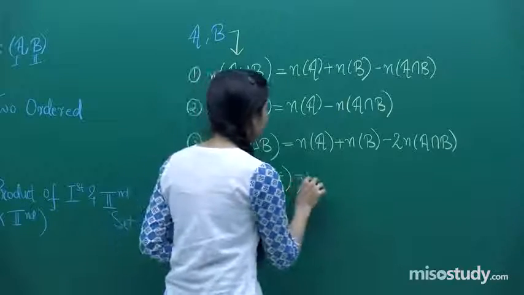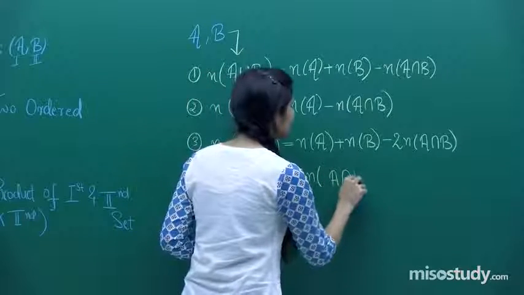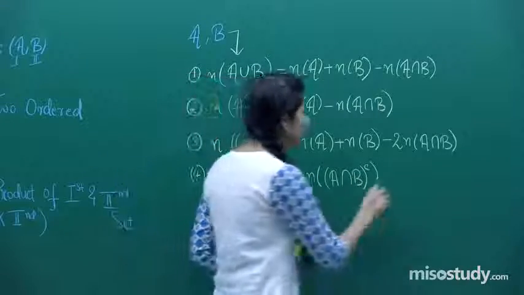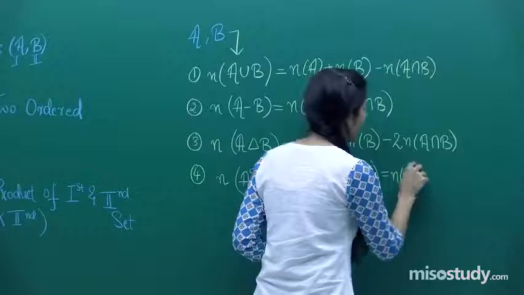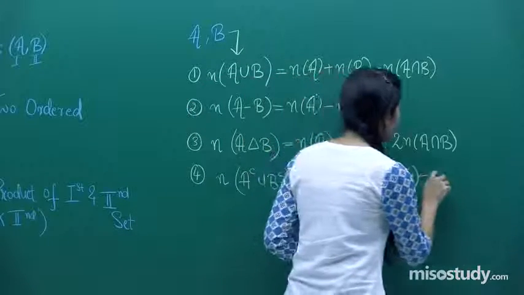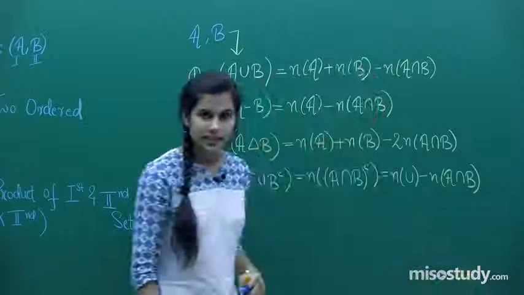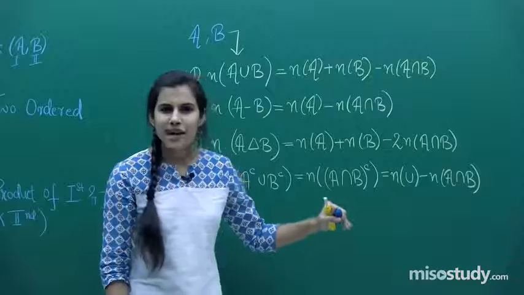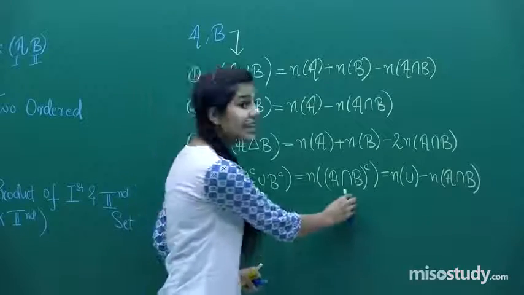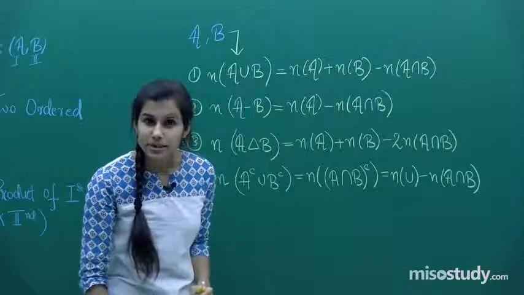And this basically by De Morgan's law turned out to be A intersection B whole complement, which actually made sense to write number of members in the universal set minus number of members in A intersection B. Just chuck out the members of A intersection B from the entire universal set and you are going to get its complement, or A complement union B complement.